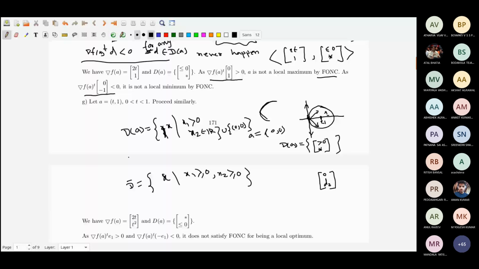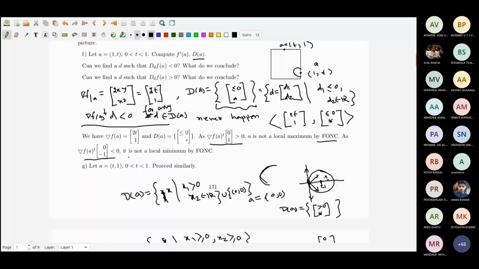In general it is not true that DA is equal to D closure, but here for this example that I am talking about, DA is equal to D closure at this A, because that's a closed set actually. As you can see, D1 is less than or equal to 0, D2 belongs to R. But that is not an important issue.